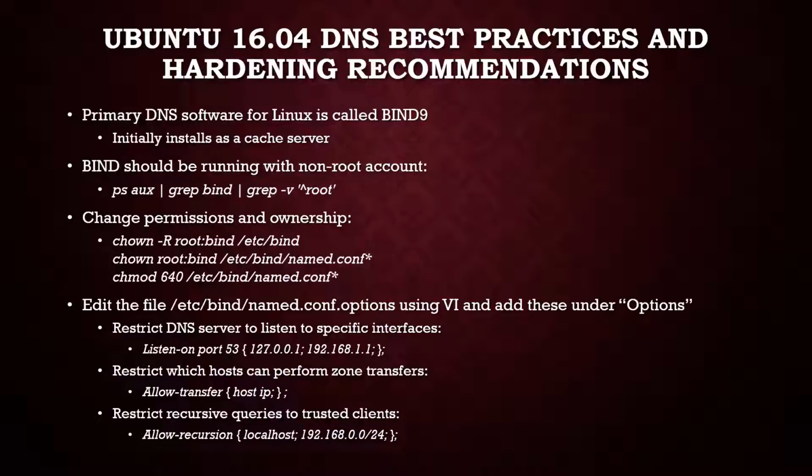It initially installs as a cache server. You can change that to other types of DNS servers if you wish. And with a cache server, you can add all the trusted IPs you want to that list.